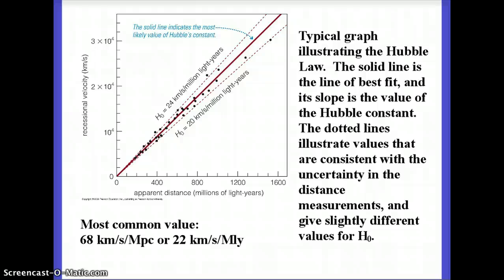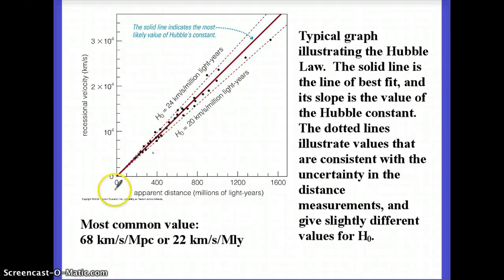We're getting much, much better now. But it's not something that's really well known, and that means that because there's a lot of uncertainty in this distance, there's also a lot of uncertainty in the slope of this graph. So the value of the Hubble constant, H naught, is not really, really well known.